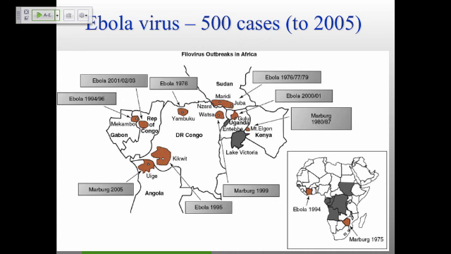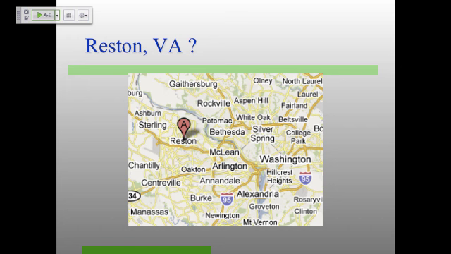And that's probably one of the major reasons why this outbreak has been so nasty. This one, on the other hand, yes, is Virginia. Reston, Virginia. Why Reston, Virginia? Monkey house, exactly. Why a monkey house? Well, because all the monkeys died, but why would there be a monkey house in Reston, Virginia?